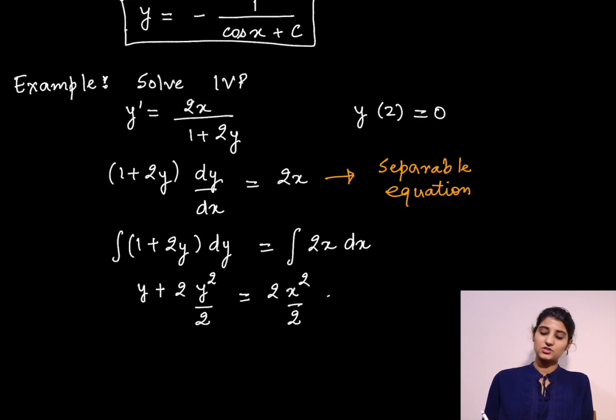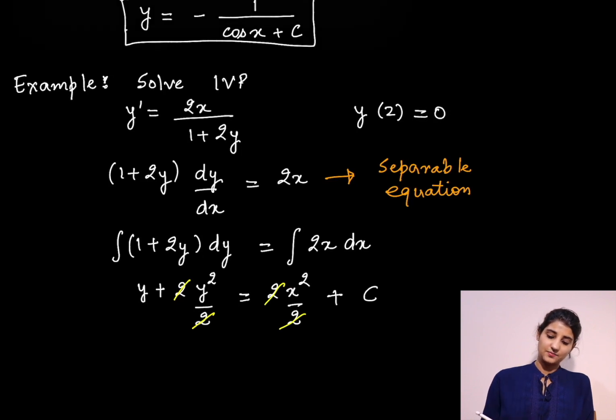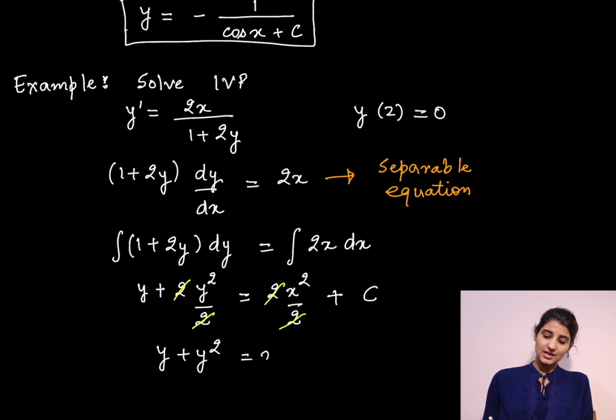And don't forget the constant of integration. Now this 2 will cancel out and we will get y plus y square is equal to x square plus a constant of integration.